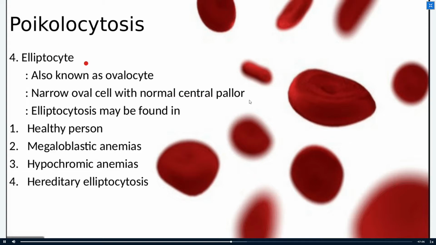Then another one would be your elliptocyte. Your elliptocyte class is also known as your ovalocyte. Now, this is a narrow oval cell with a normal central pallor. Elliptocytosis can be found in healthy individuals.